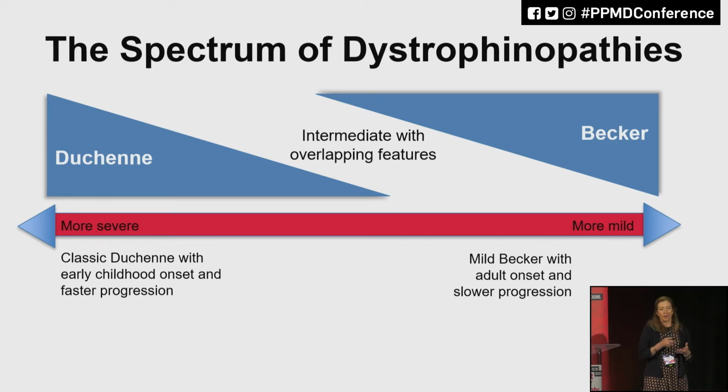And then all the way at the other end of the spectrum could be the most mild Becker cases, where those men have adult onset, sometimes late adult onset, and a very, very mild or slow progression. But a lot of people fall in the in-between. Not everyone is at the most severe or the most mild end of the spectrum. There's a lot of people that fall in the middle.